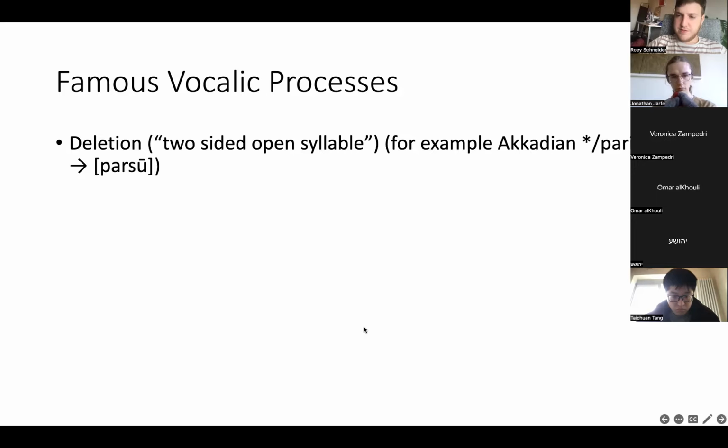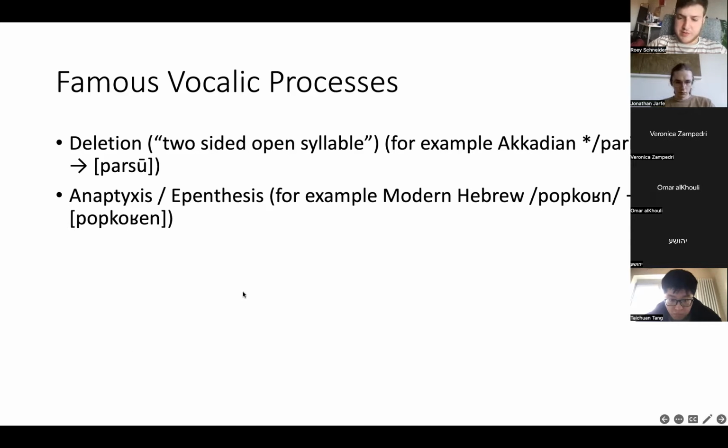Vocalic processes: deletion, two-sided open syllable, that's a very famous process. So we know it from Akkadian, parisu, parsu. We know it also from Hebrew, but we know it from a lot of languages. It's when a sequence of open syllables just changes into one closed syllable and an open syllable or something like that.